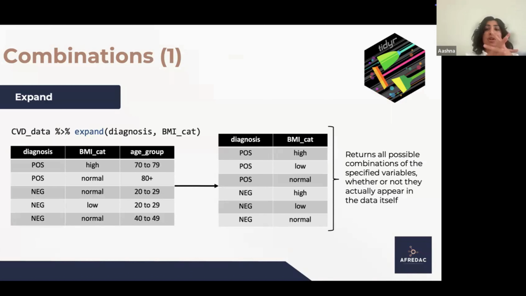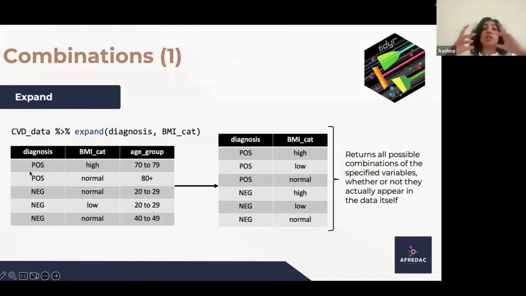So another useful operation using tidyr is combinations. For example, here I am returning all possible combinations of specified variables, whether or not they actually appear in the data. This is handy if you are working with data that is related to each other. For example, over here, BMI might be related to diagnosis.